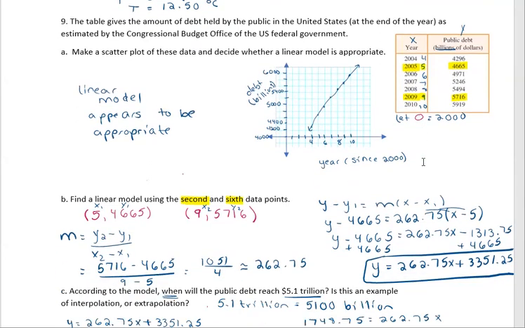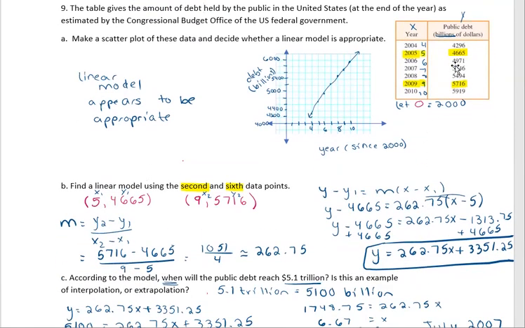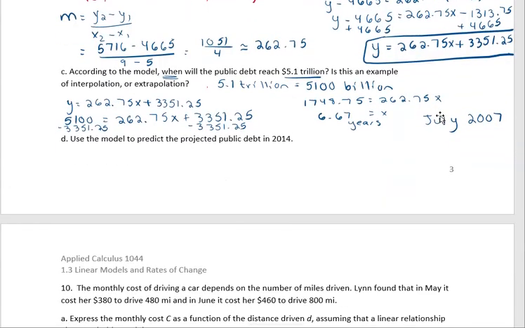Well, is 5,100 in the middle of those? Yes, it is. So this is going to be interpolation. Our 2007 is within our data set. It's not an exact value in our data set because we're looking at July as opposed to the end of the year, but it is within our data set. So this is going to be interpolation.